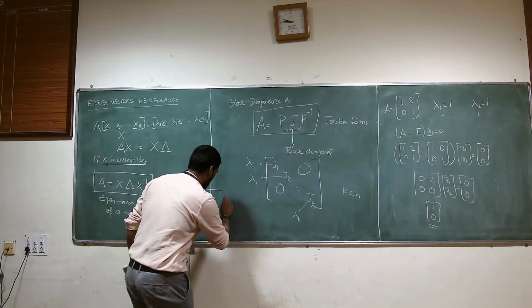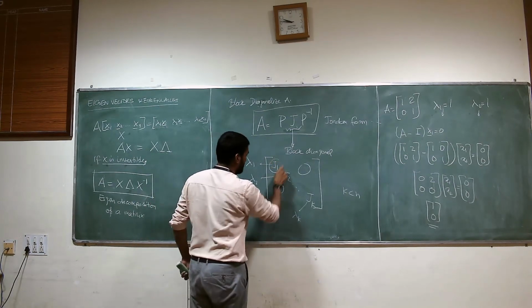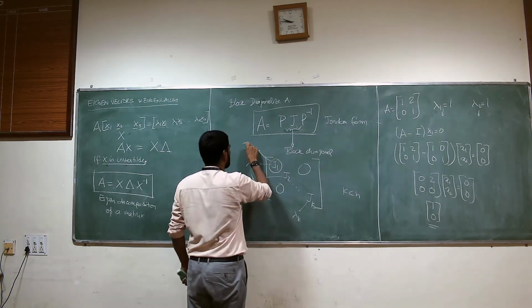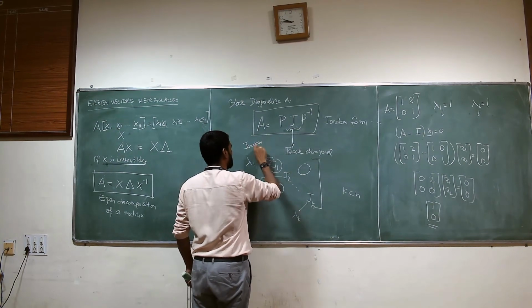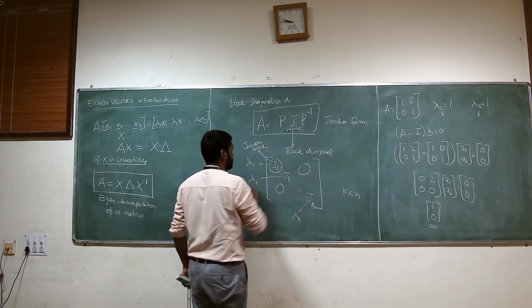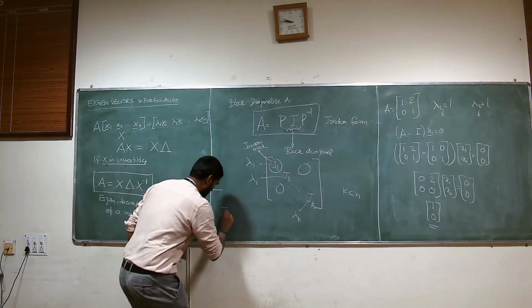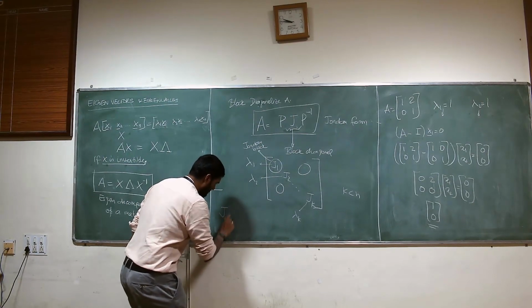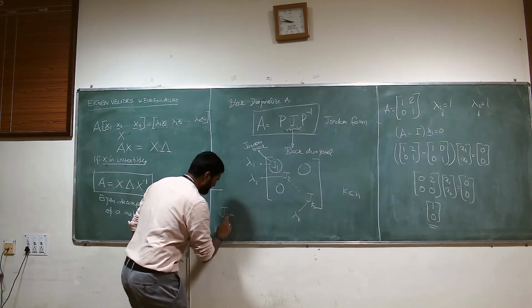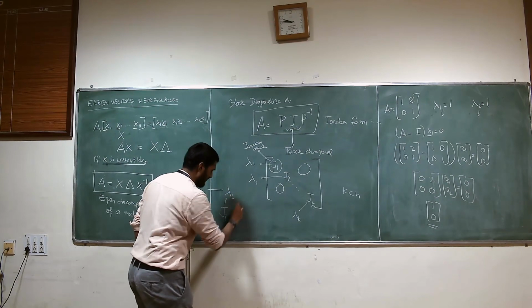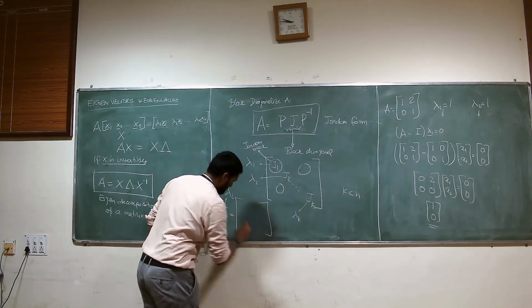And each of these is called a Jordan block.